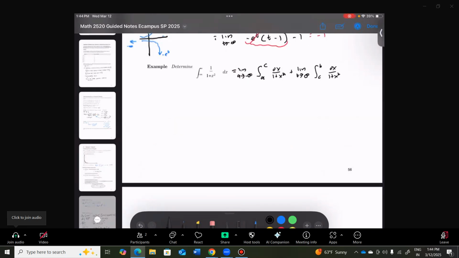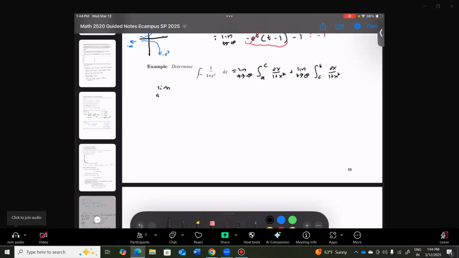All right. The antiderivative of dx over 1 plus x squared is your inverse tangent. You can go look back up. That is inverse tangent.